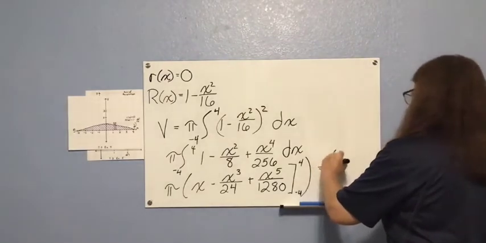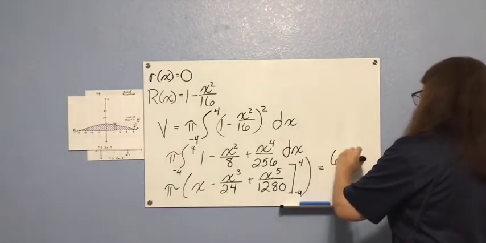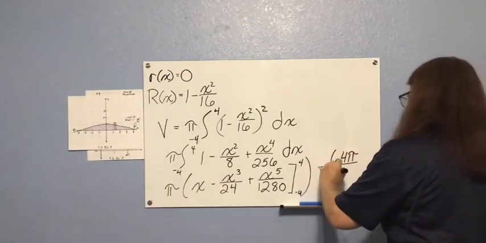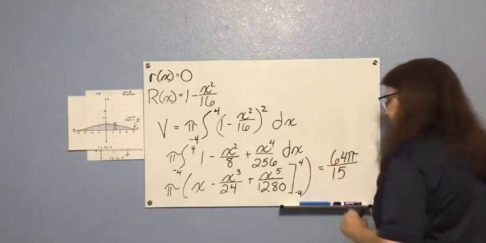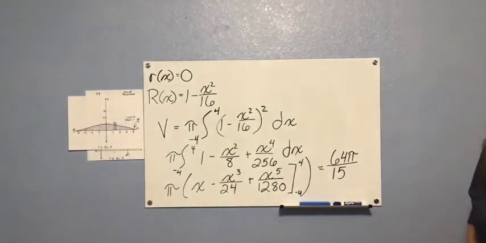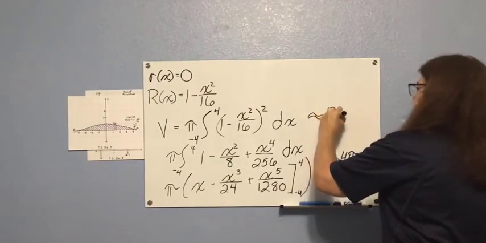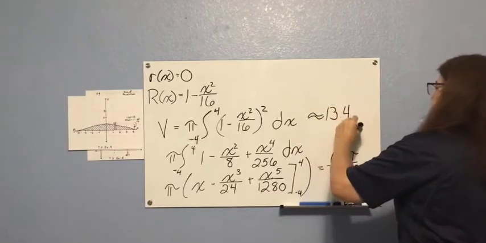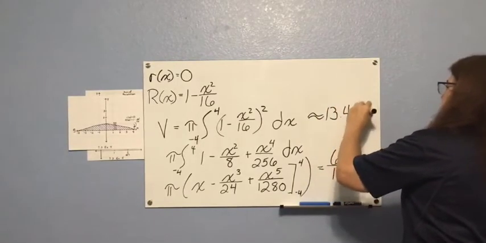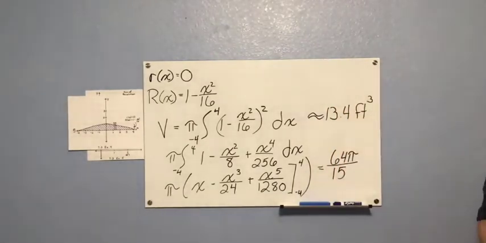And our answer comes out to 64 pi over 15. It's approximately 13.4 cubic feet.